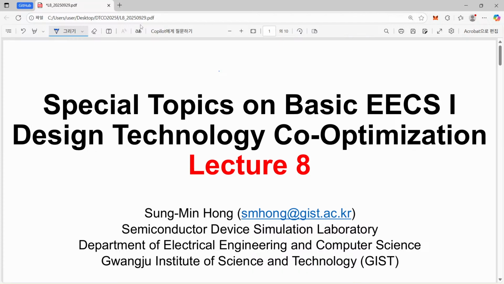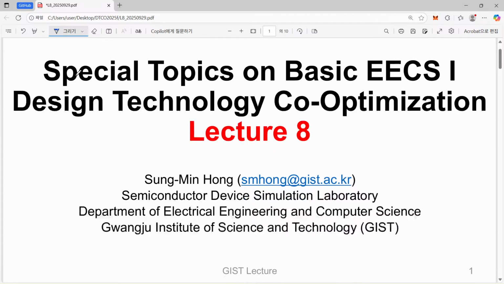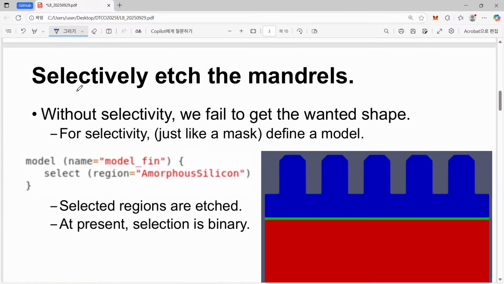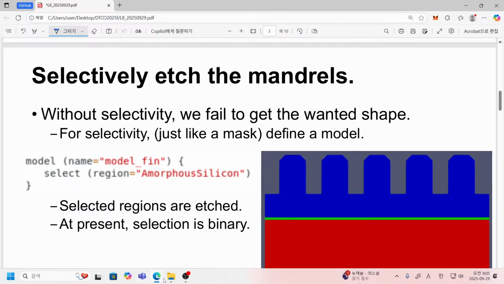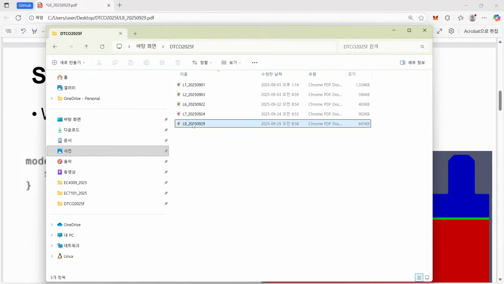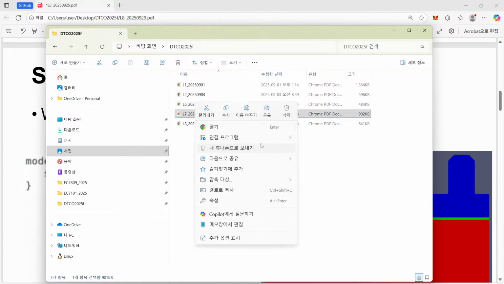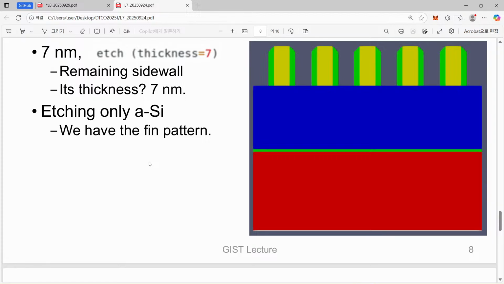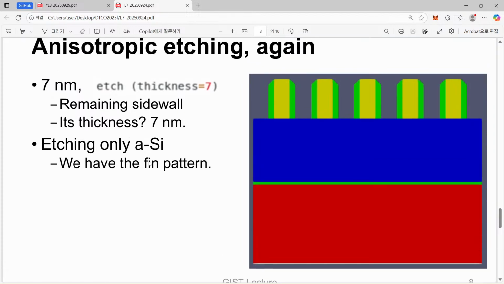Okay, lecture 8. We are now talking about lecture 8. When we go back to our previous lecture content, lecture 7, we can find this final structure. This corresponds to the substrate.